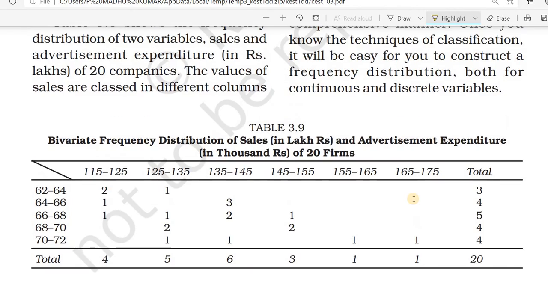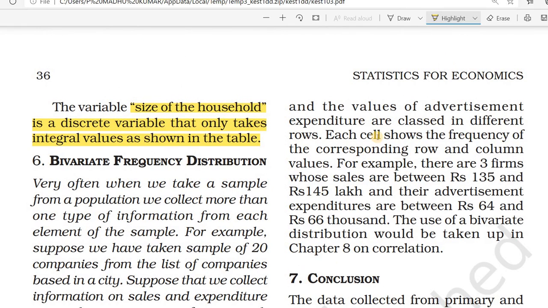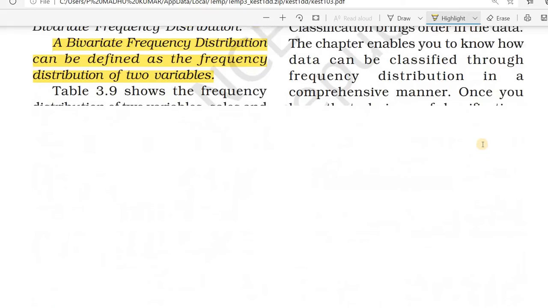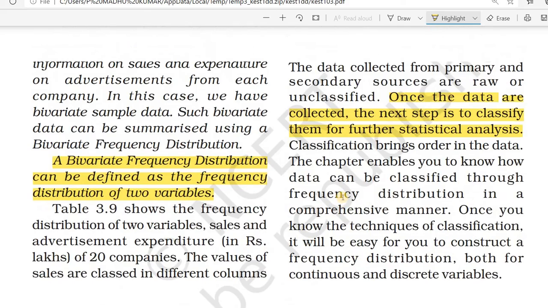Here in this case, each cell shows the frequency corresponding to its row and column. For example, there are three firms whose sales are between 135 and 145. Three firms are there, with expenditures 65 to 66, 66 to 68, 70 to 72.